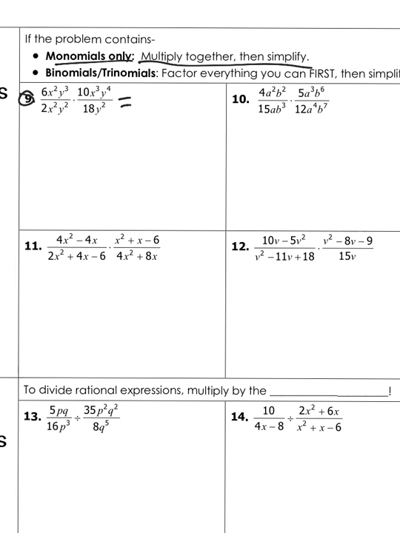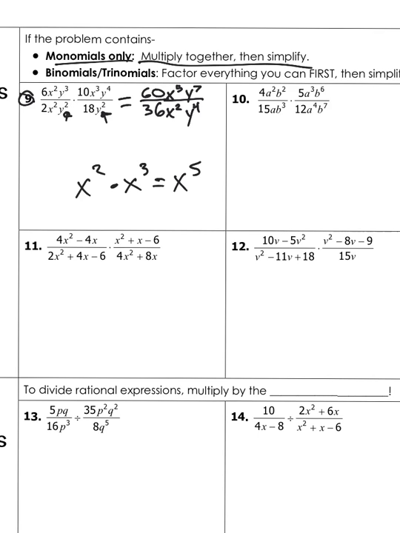So what you would do is multiply the 6 and the 10, the 2 and the 18, multiply the x to the second, x to the third to get x to the fifth, y to the third and y to the fourth give me y to the seventh. Again, the reason is because if I'm multiplying like bases, I'm just going to add the exponents, okay? On the bottom, I get x to the second, y to the second, and y to the second give me y to the fourth.